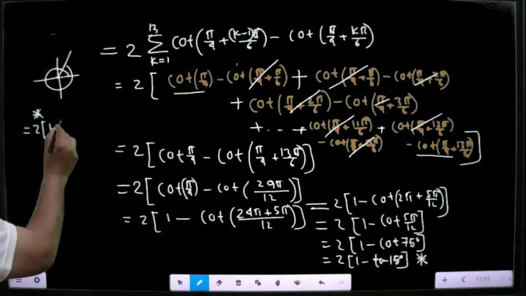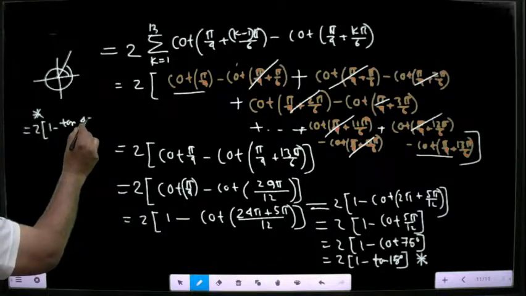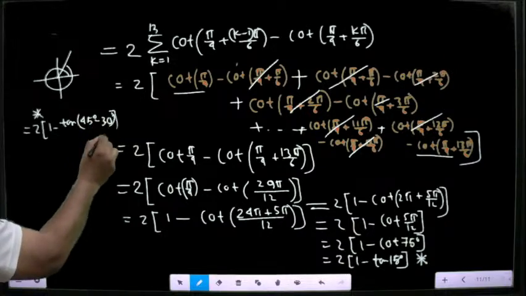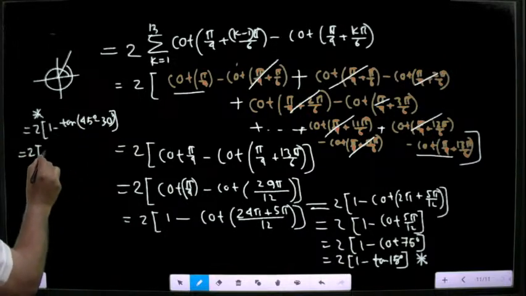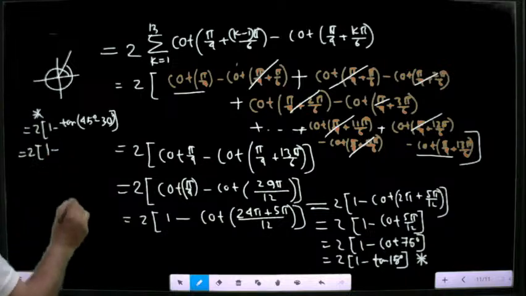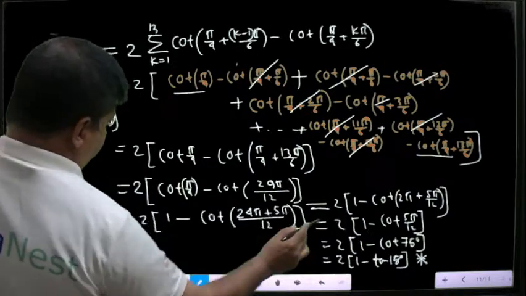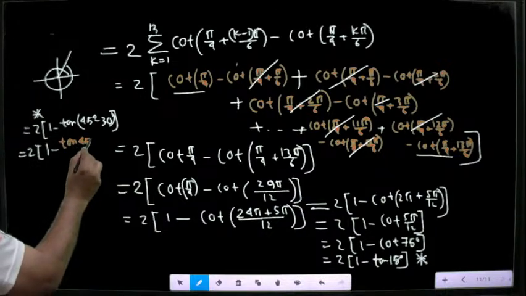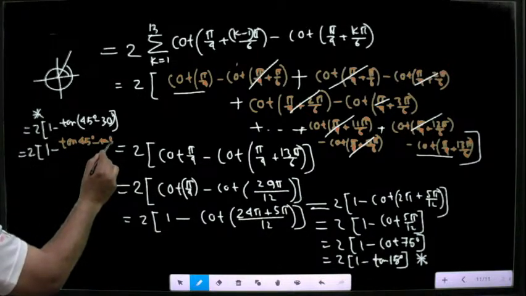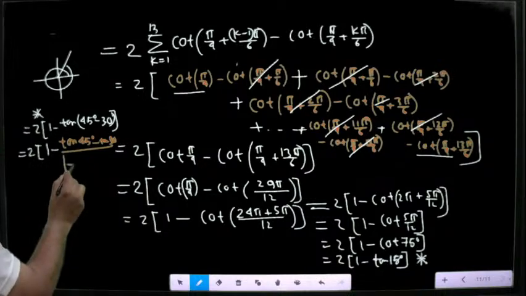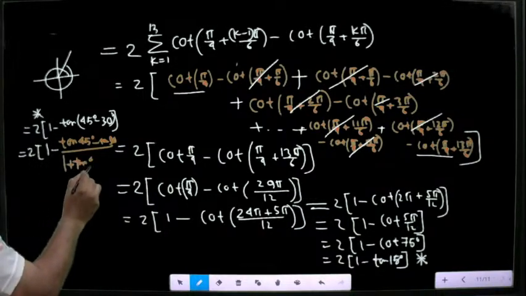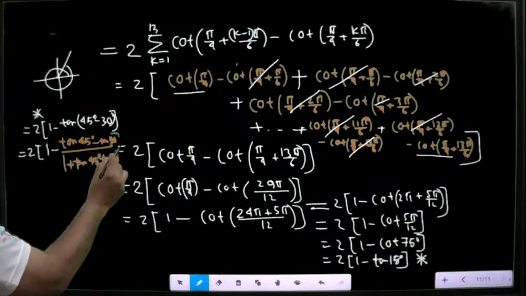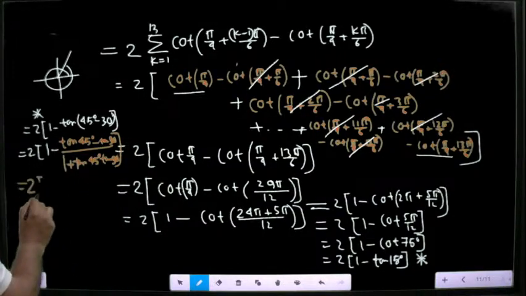You are now aware of tan A minus B formula. Okay. Gradually we are approaching the answer. Tan A minus tan B by 1 plus tan A tan B. That will give us what?